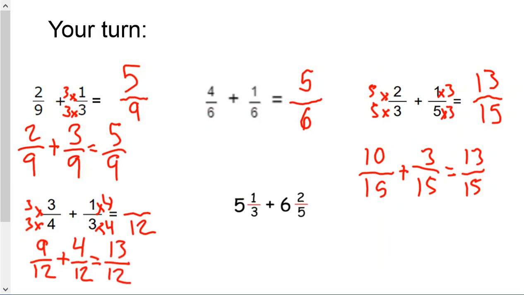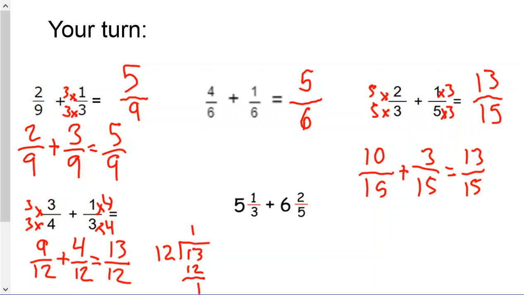Okay, so now we have an improper fraction, and I would like to turn it into a mixed number. So we can keep our denominator on the outside and divide 13 by 12. And we know 12 goes into 13 one time. We have 12. We're left with 1.